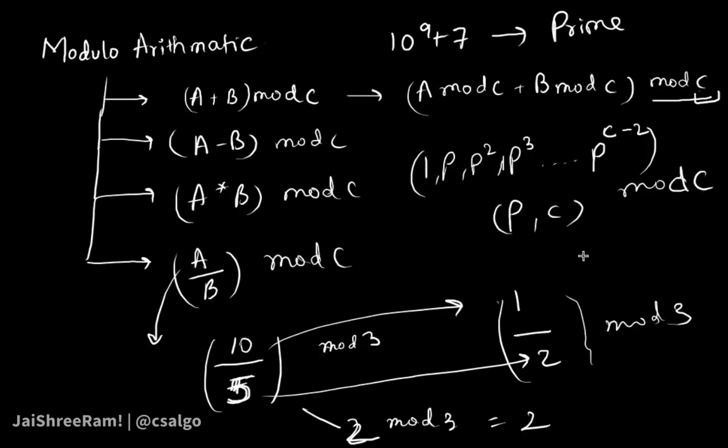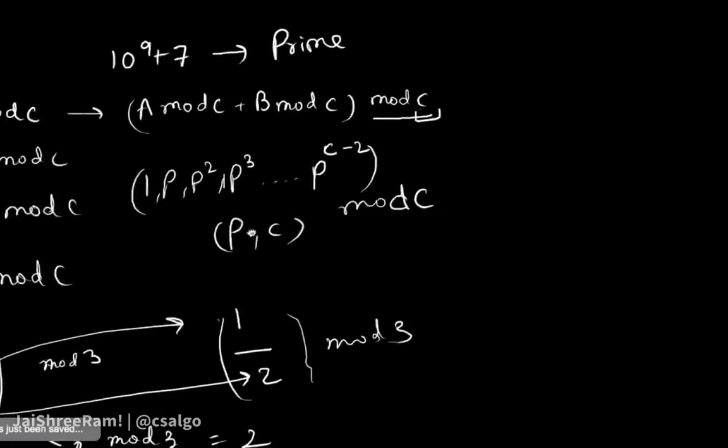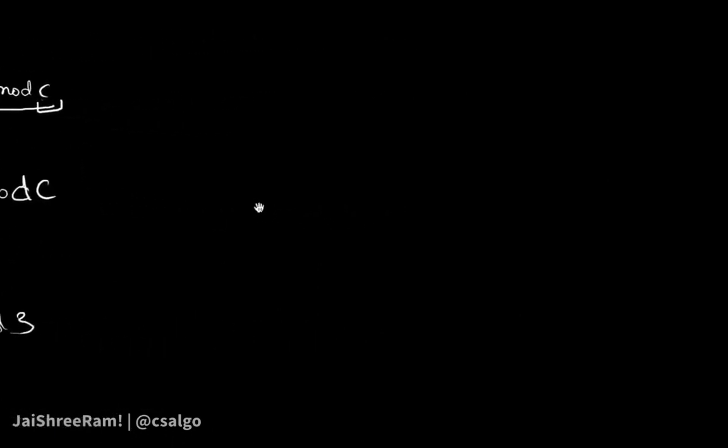So now even if we have a prime, how do we find this division? Let's try to think about what we do in case we have some prime modulo. Now what we want to find is a by b, but this will be a fraction.